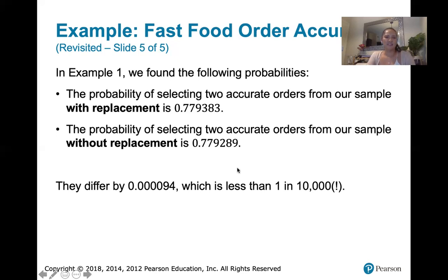Now, I don't know how that relates to that 5% guideline, but it makes me think that since these probabilities are so close, then maybe it wasn't a bad idea to use the probability of selecting 2 accurate orders with replacement, this probability, as an estimate for the probability of selecting 2 accurate orders from the sample without replacement.